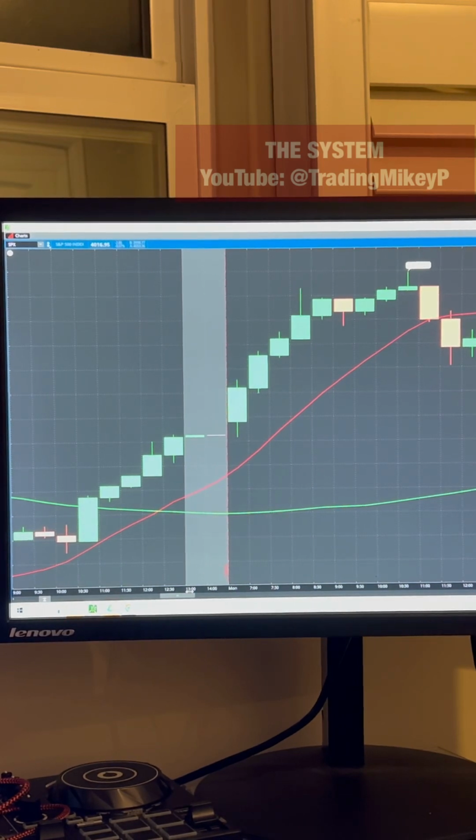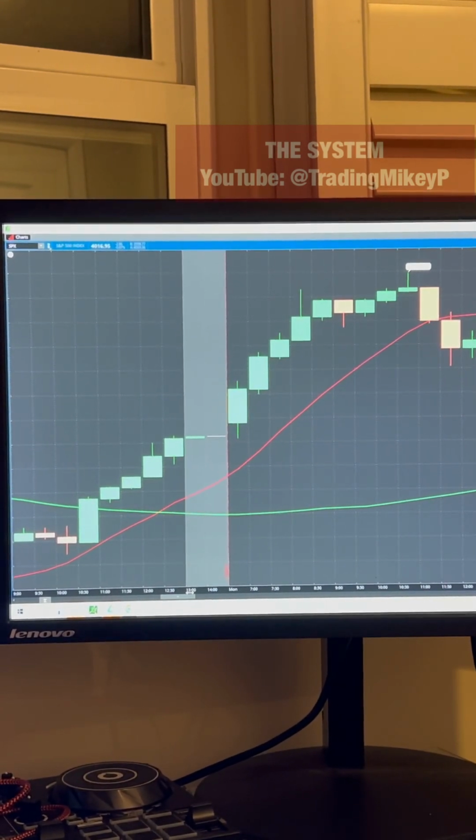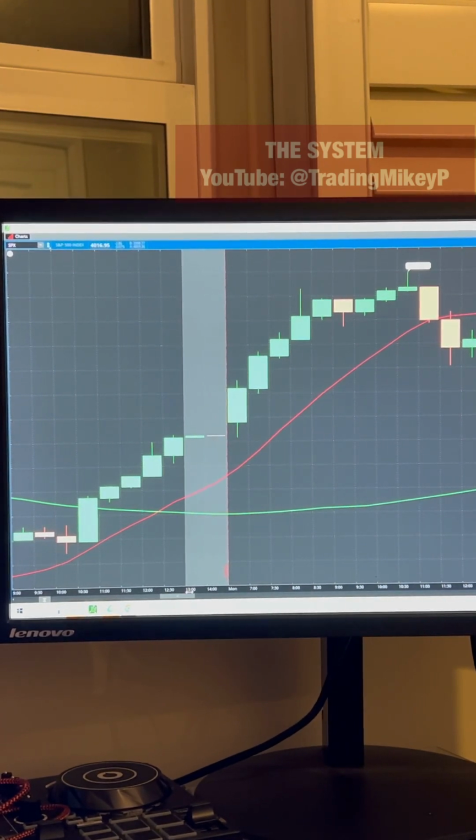A lot of people ask, when should I take profit? When should I cash out and whatnot? That is all dependent on you. You cash out when you feel comfortable with what you've made. At the same time, don't ever let a good trade, a green trade, go red.